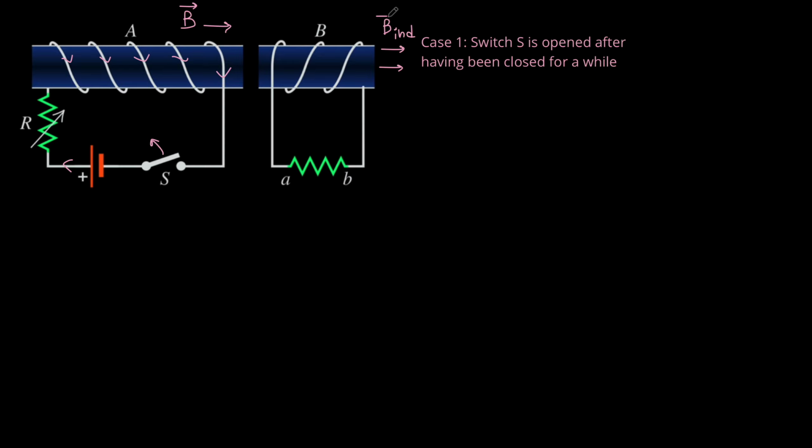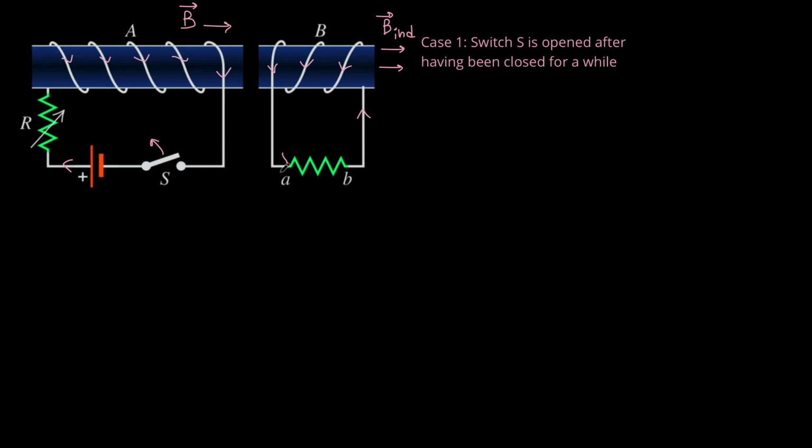In order to create a magnetic field pointing to the right, what must be the direction of the current in coil B? Again, let's use the right hand rule. Align your right thumb in the direction of the induced field. The direction of the curling of your fingers point in the direction of the induced current. So based on the picture, that should look like this. Now, what must be the direction of the induced current in the resistor AB?